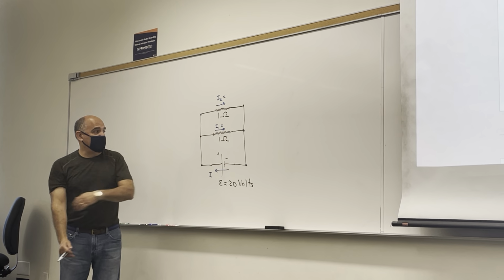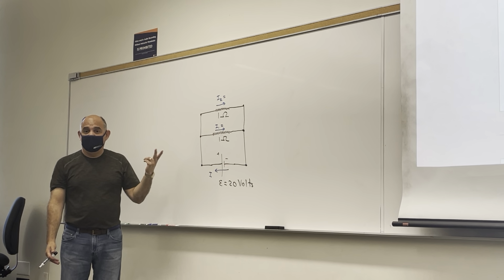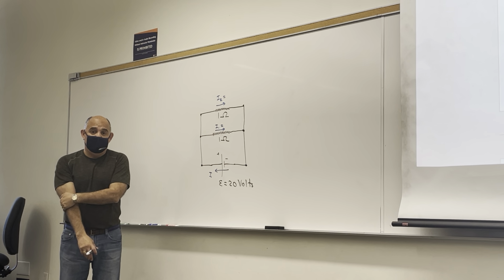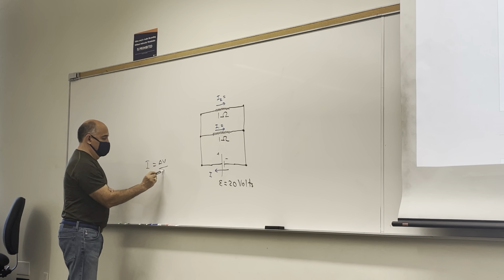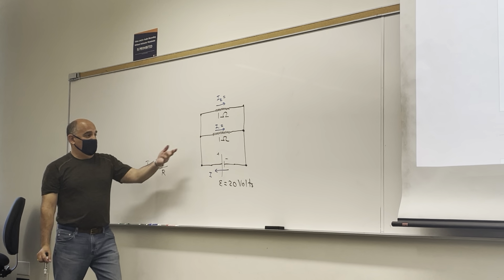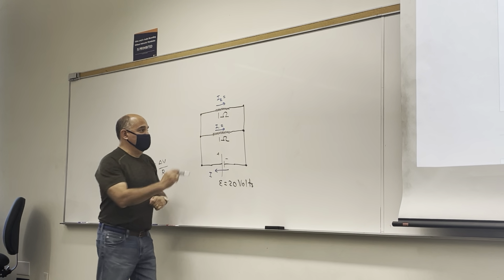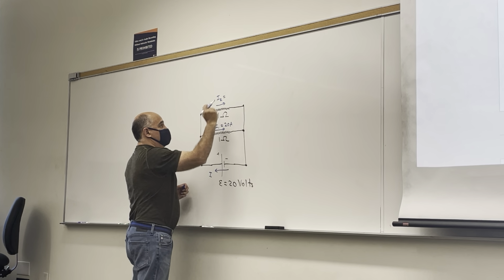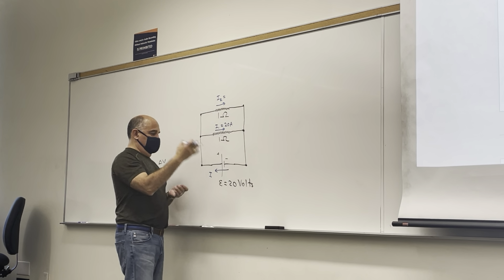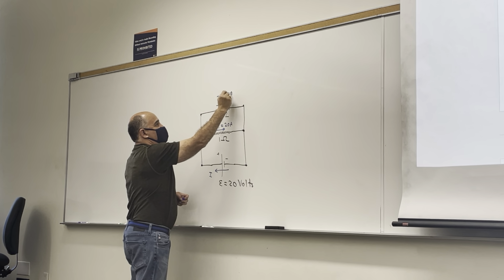20 volts. And if the voltage is 20 volts and the resistance is 1, then what's the current? Well, it's 20 volts divided by 1, so this would be 20 amps, and it's also 20 volts divided by 1, 20 amps.